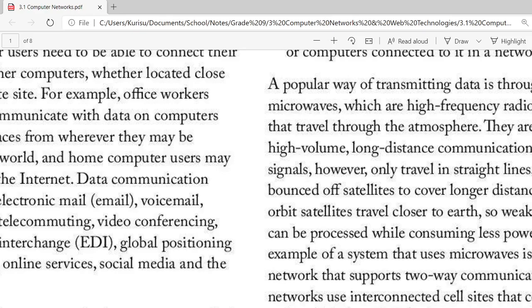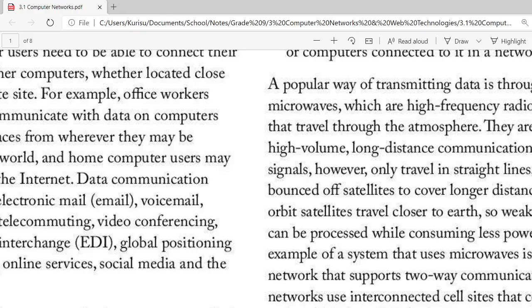So you are making calls, you are receiving calls, you are sending text messages, you are receiving text messages. So you're using that network in order to be able to share information, in order to be able to receive information. So it doesn't matter how you're connected to the network.